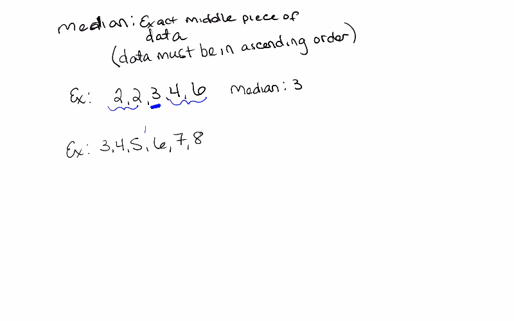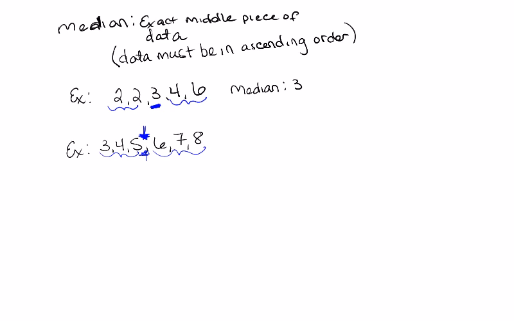The median will actually live right between these 2 middle pieces of data. So at exactly halfway between 5 and 6, we will get our median. Because notice, between 5 and 6, if we land there, we have 3 pieces of data below, 3 pieces of data above. So exactly half the data is below, half is above.